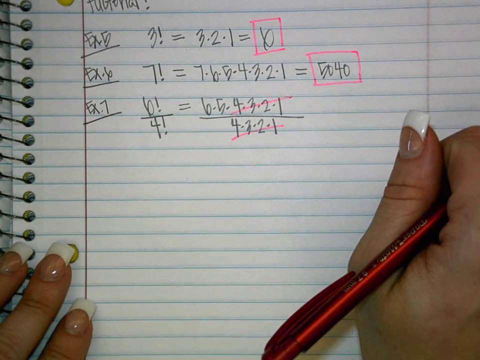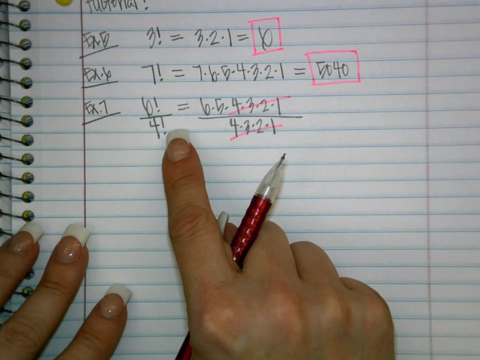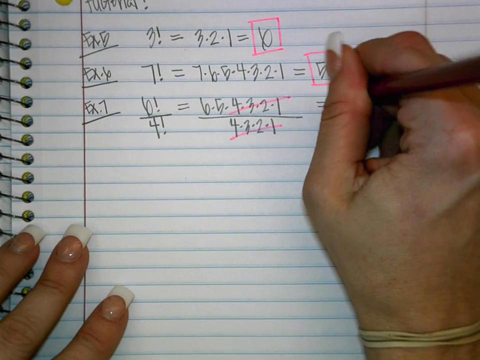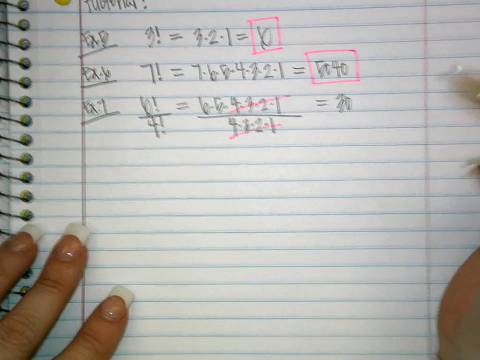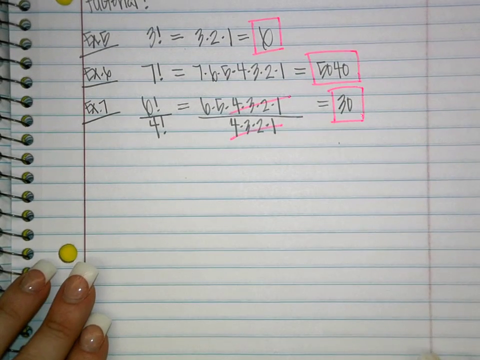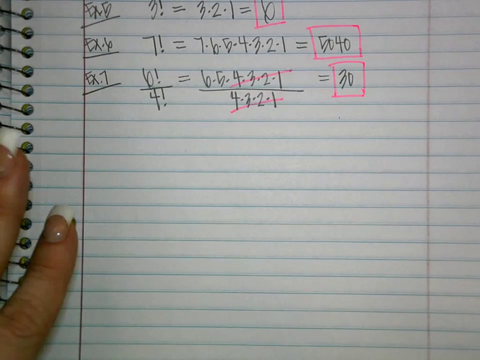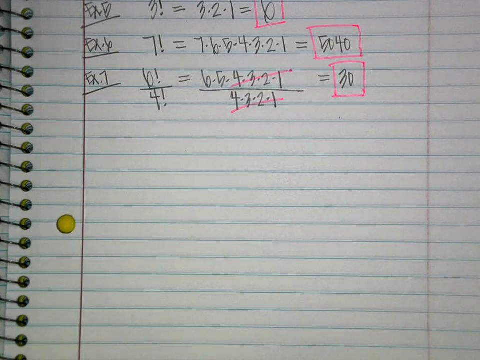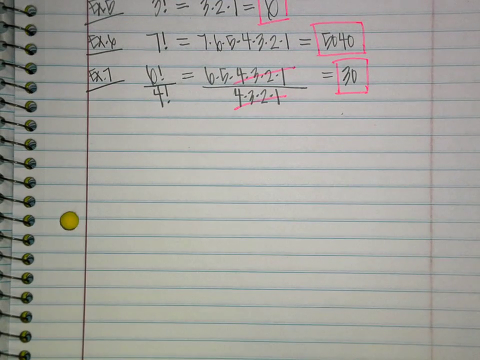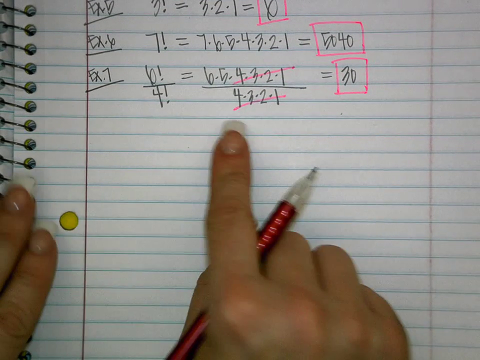So really, 6 factorial divided by 4 factorial is just 6 times 5, which is 30. That's your answer. So you want to try to cancel out or reduce as much as you can. Not because you can't do it on a calculator, but a lot of times people make mistakes when they're punching things in. And I want you to understand, if you don't have a calculator, how you could still get the same answer.